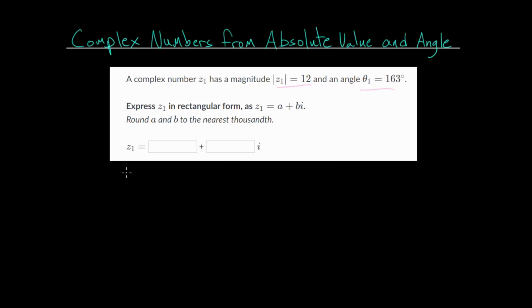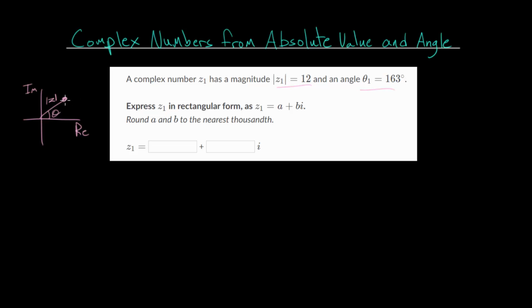And remember that for some complex number with real part a and imaginary part b, we can plot this on the complex plane where the length of the line here, this distance from the origin, its absolute value, can be written like so, and its angle is measured from the positive real axis.